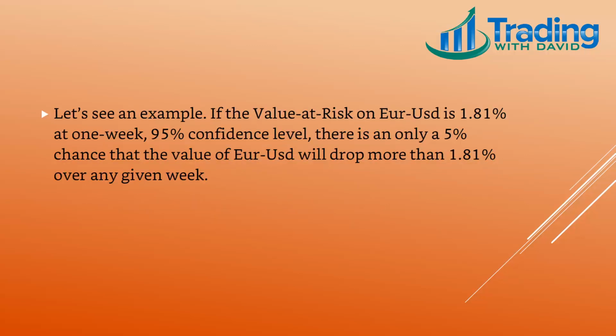Let's see an example. If the value at risk on Euro US dollar is 1.81% at 1 week, 95% confidence level, there is only a 5% chance that the value of Euro US dollar will drop more than 1.81% over any given week.